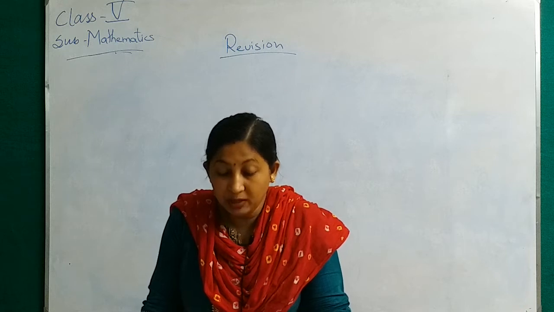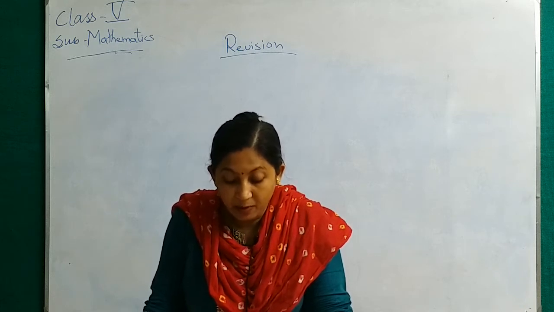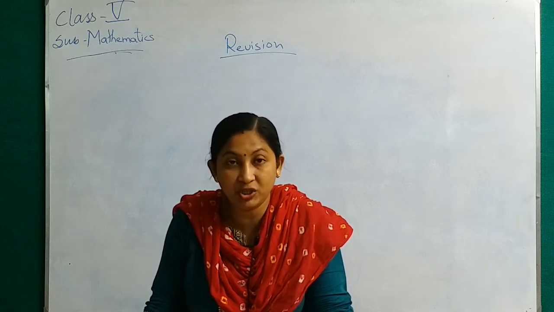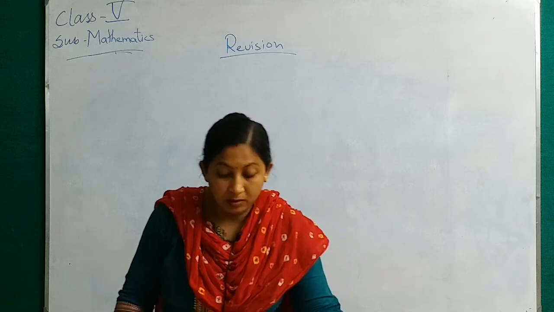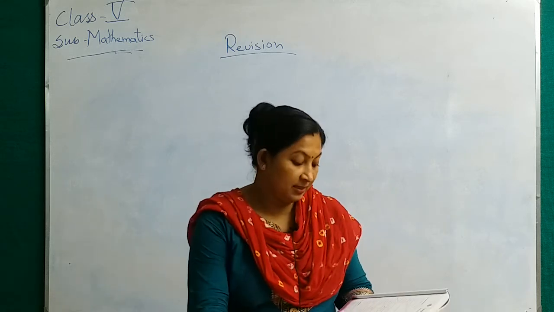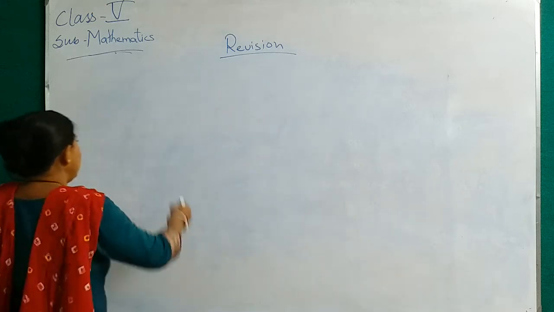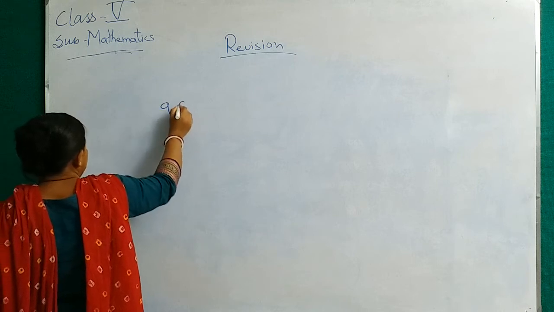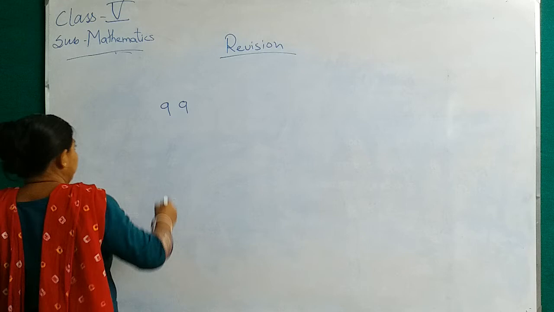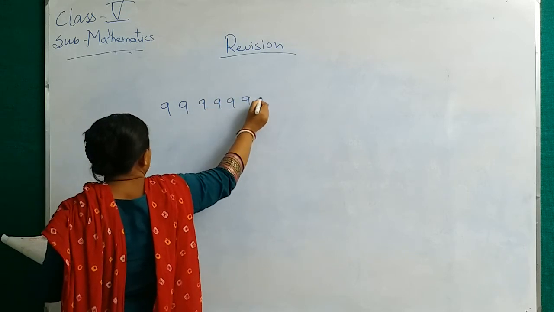Now come to question number 6. The sum of the greatest 6-digit number and the greatest 7-digit number. Now you have to calculate this. First you will write the greatest 7-digit number. As you know, you will write 7 nines.